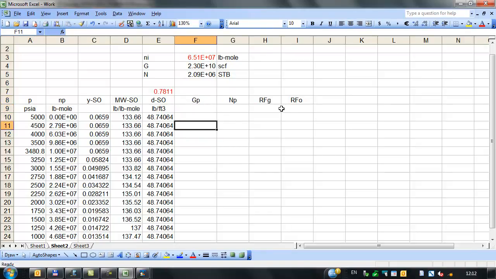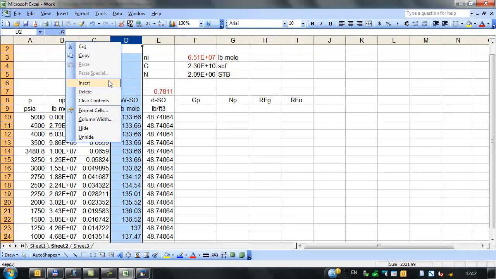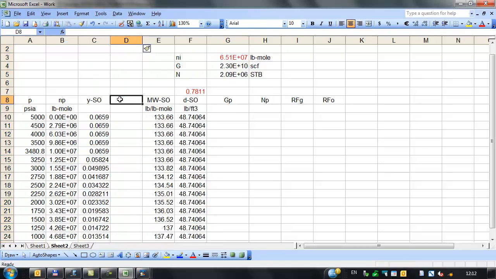And to do that, we have to take the difference in Q here times, so a little bit of the problem is that we've got this discretization. Basically we've got changes. And so what I'm going to do is create an extra column here where I actually calculate an average mole fraction over the period. Okay? Insert. So this is going to be YSO average. Okay?